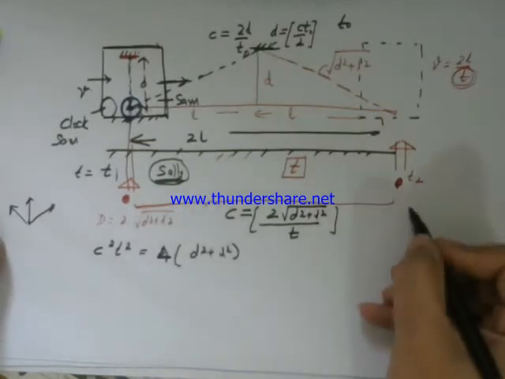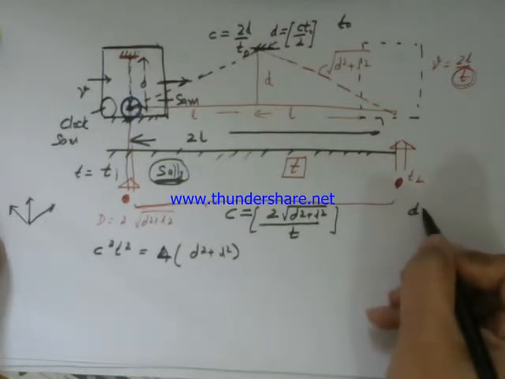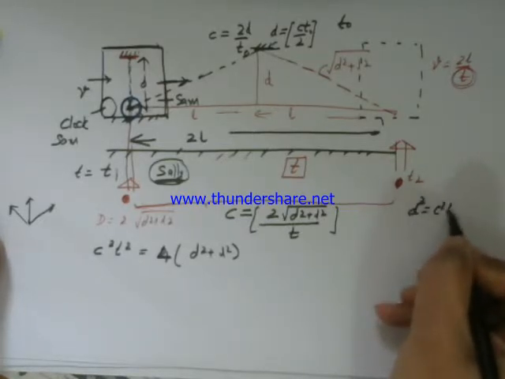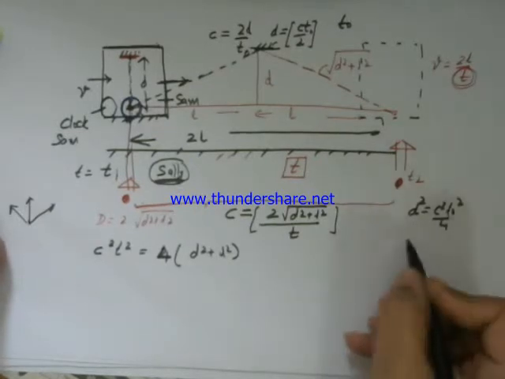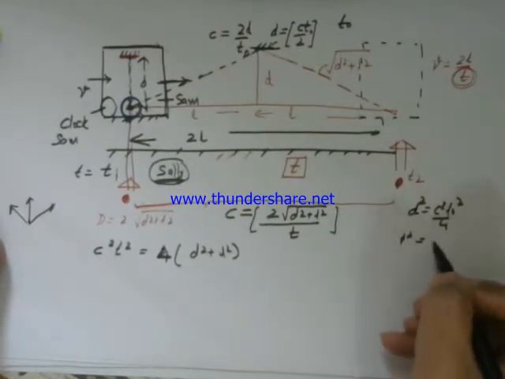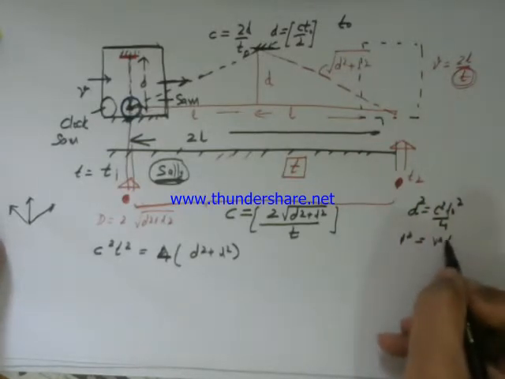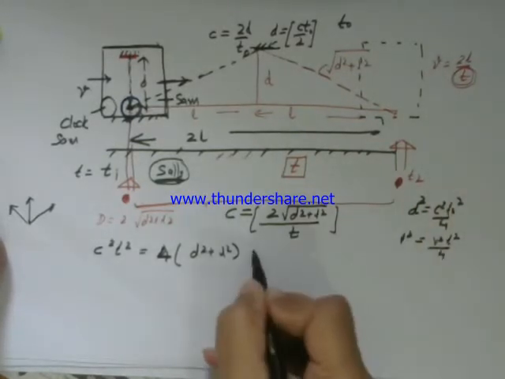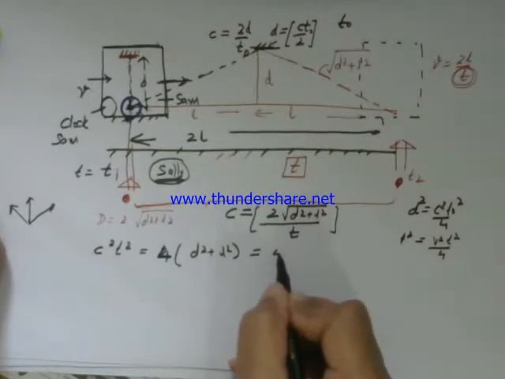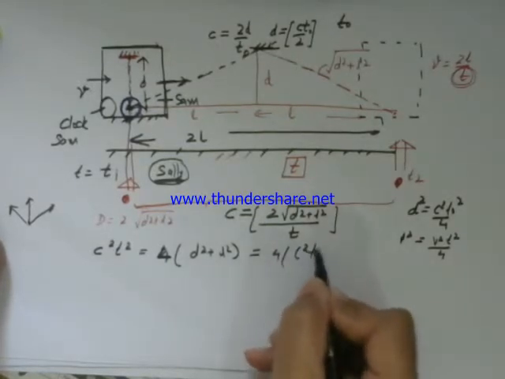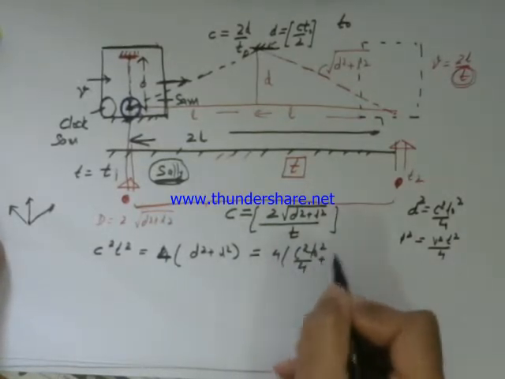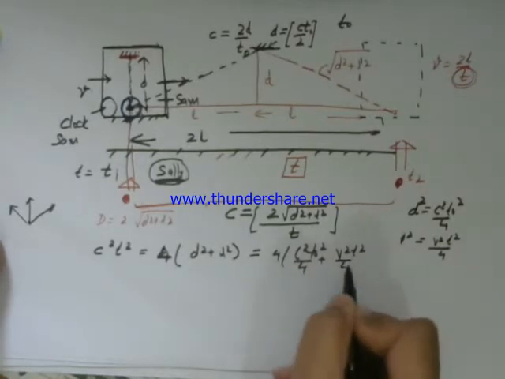Now place the value of d and L. d square is c square t0 square upon 4, and L square would be equal to v square t square upon 4. So place the values here, it becomes 4 times c square t0 square upon 4 plus v square t square upon 4.